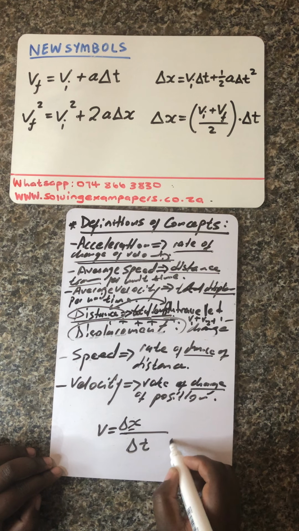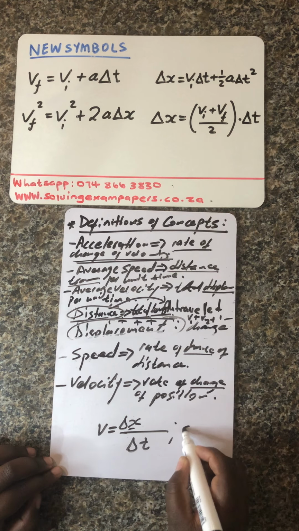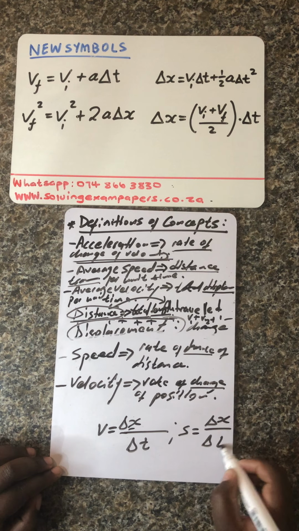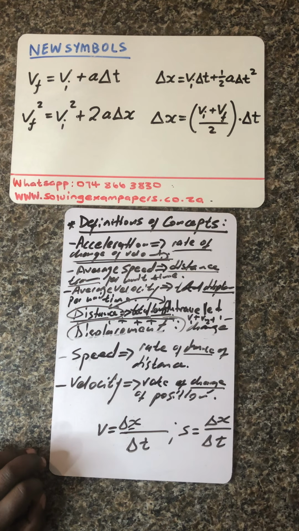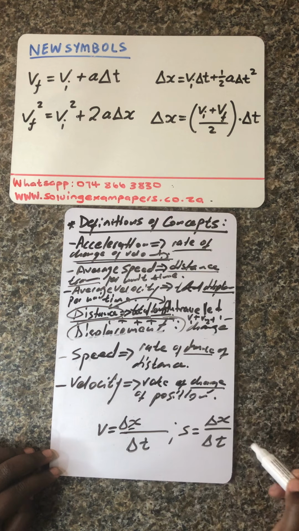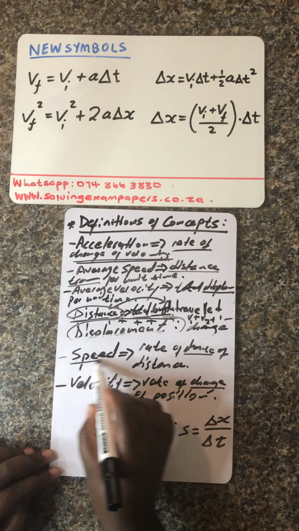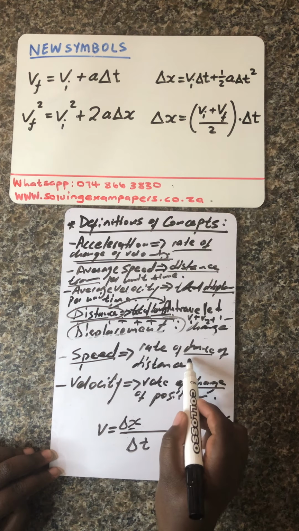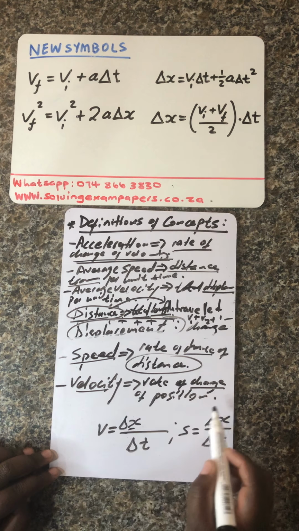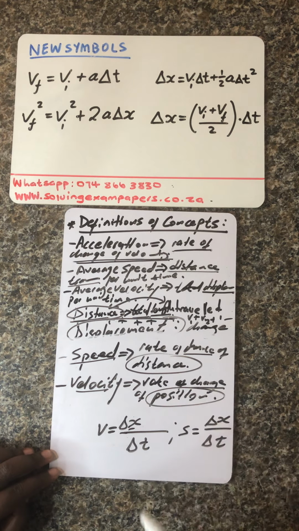As you've noticed, it seems like velocity and speed can be represented in the same way in terms of an equation, but in terms of definitions in words, they're different. What makes them different is that when we talk about speed, ladies and gentlemen, we talk about the distance. When we talk about velocity, it has to do with the position.